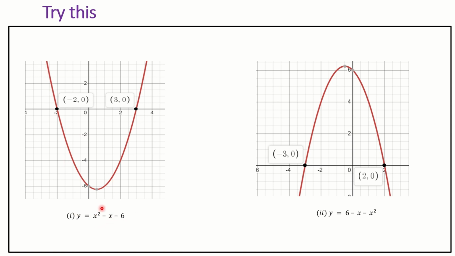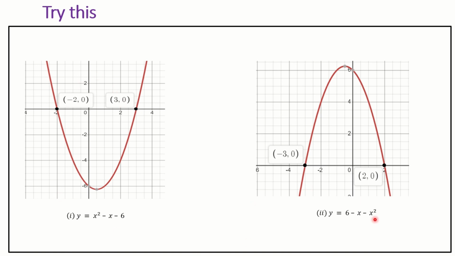Then this graph can be plotted. This graph has two intersections with the x-axis, that is minus 2 and 3. So these two are the zeros of the polynomial, minus 2 and 3.